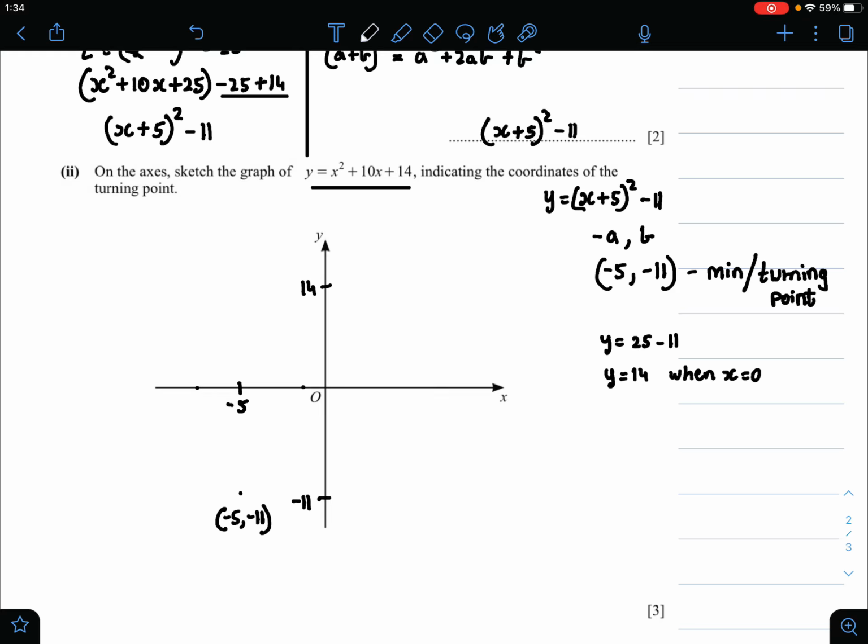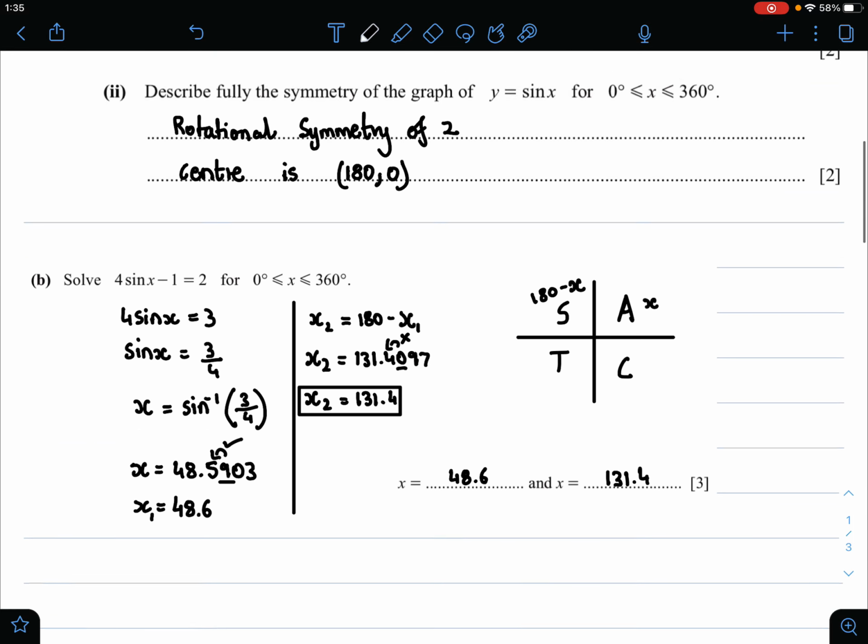This will just make it a bit more accurate. So you can go ahead and draw the graph like this, and make sure to make it as smooth as possible, like this. So therefore this will be your final answer for question 8.